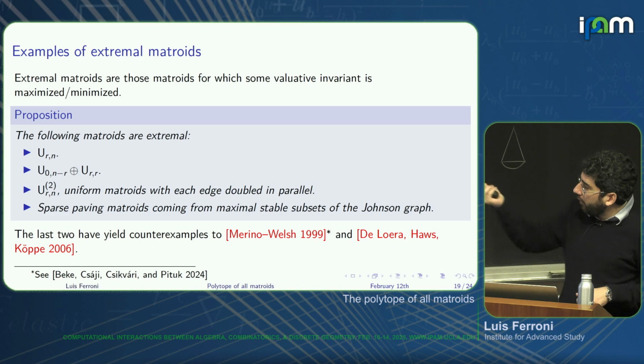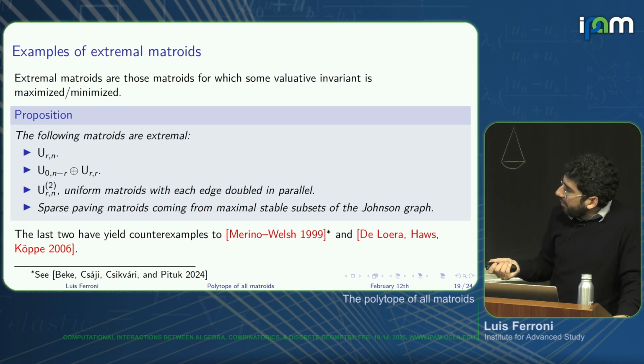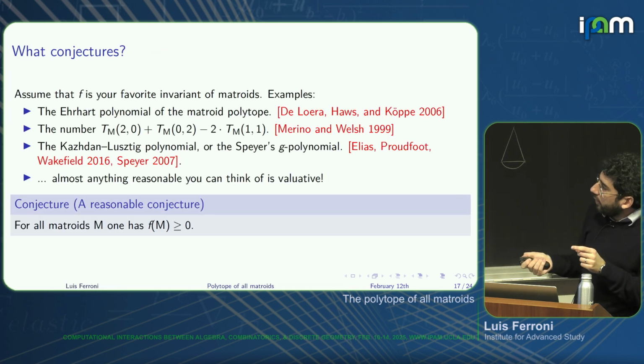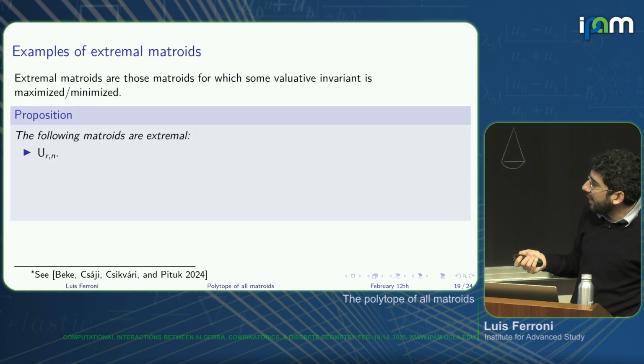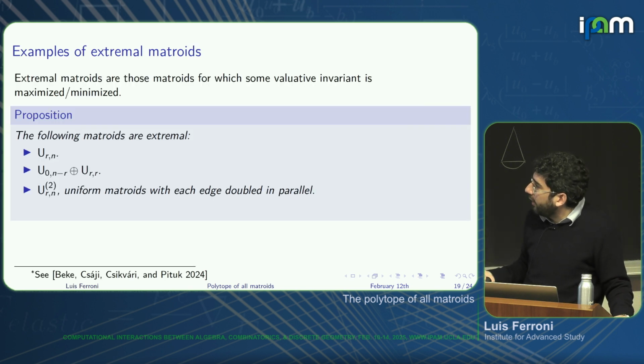And why did I choose this list of examples? Well, because precisely these duplicated uniform matroids yield counterexamples to the Merino-Welsh conjecture. In the previous slide, I showed you this quantity. People had conjectured that this was non-negative for all matroids. And this was disproved last year by Beckett, Sajjad, Sigbari, and Pituc.